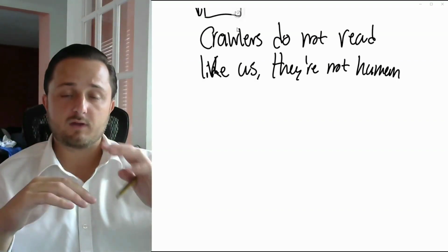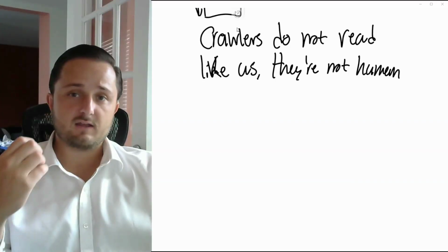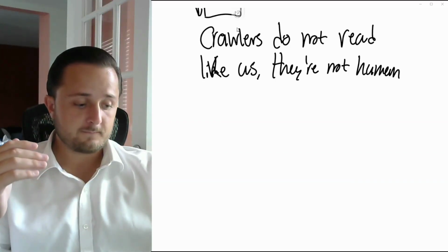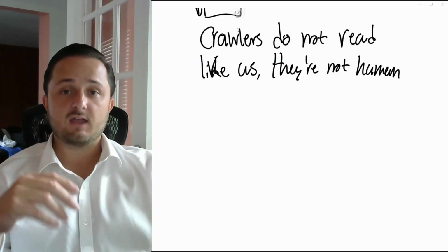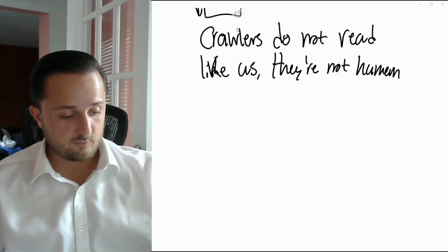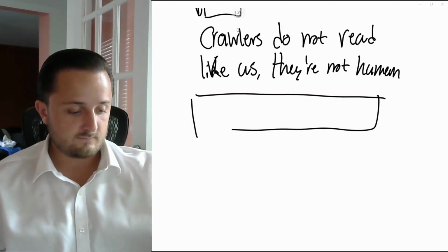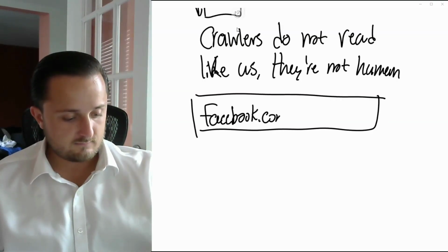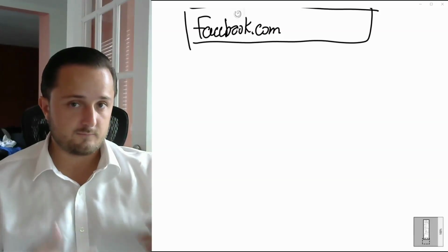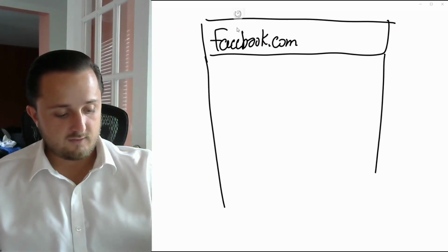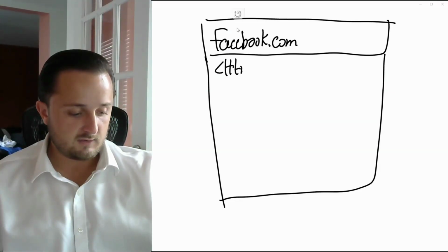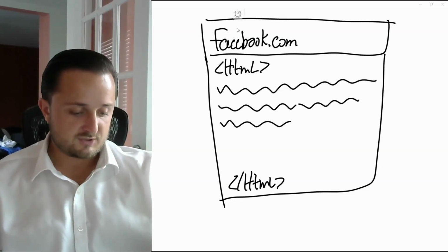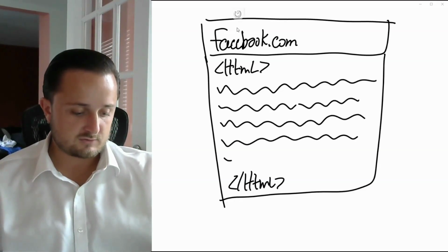just as a super simple example, if they were to type facebook.com in that little bar at the top of your web browser, when they land, they're going to see all of the code. And all code is a machine readable language.